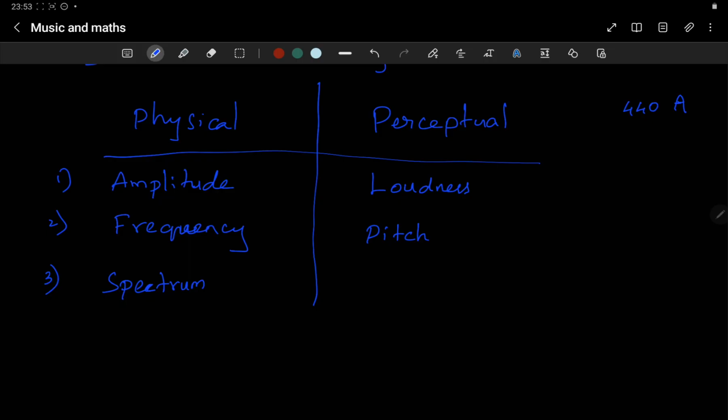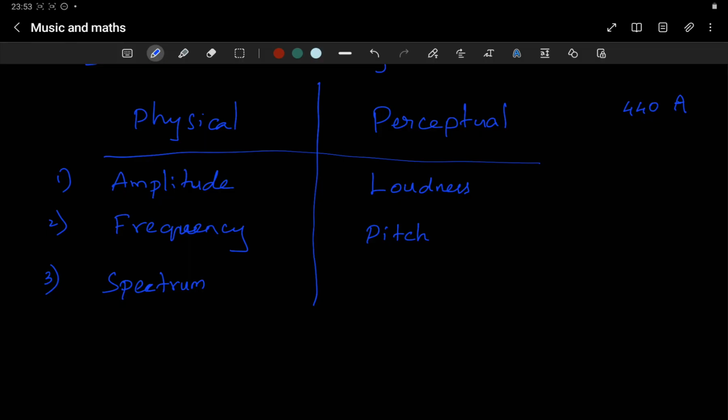Say the 440 A is produced on one instrument, and the same 440 A is produced on another instrument. It sounds different. Even though the frequency is the same, it will sound different because the structure will not vibrate at a single frequency.